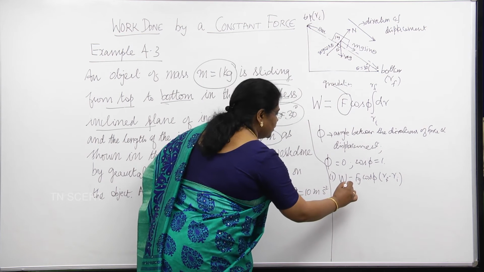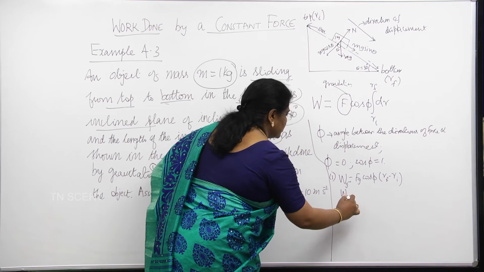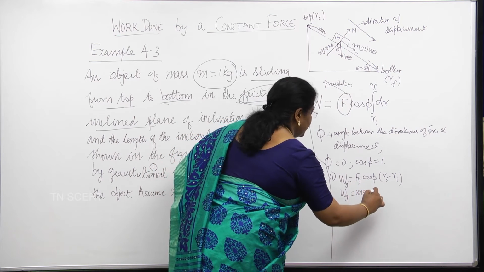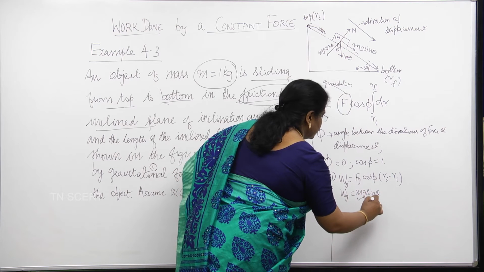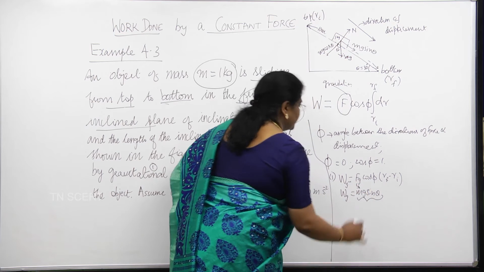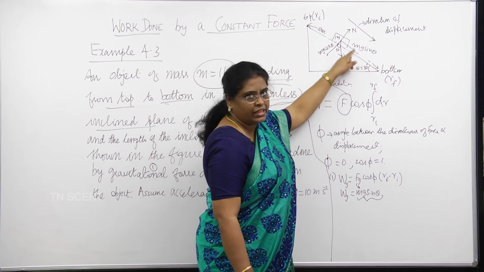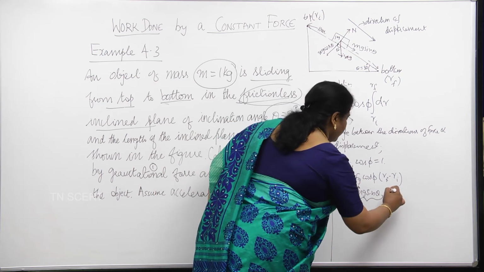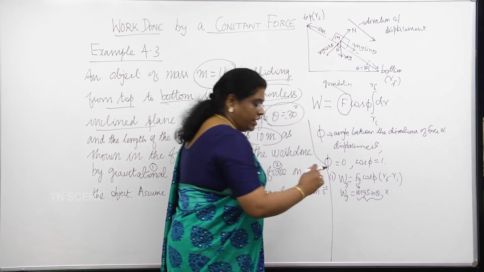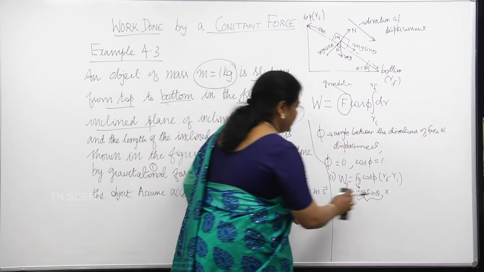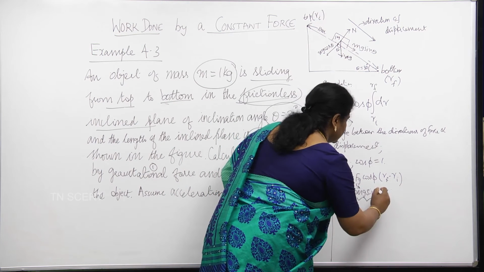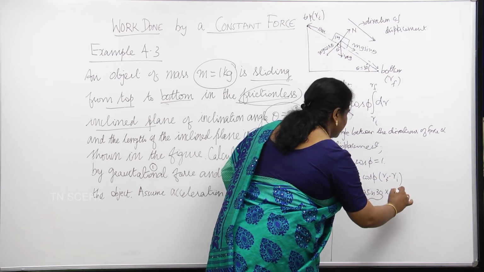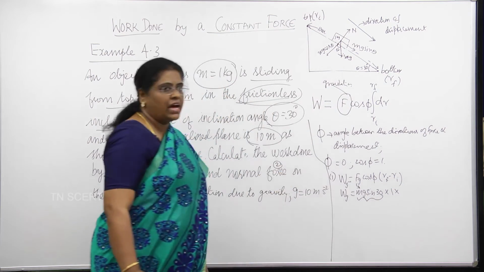So, work done due to gravity is mg sin theta, because only that component of the gravitational force is acting on it to slide. In this case, theta is 30 degrees, which is already given, so I put sin 30. Cos phi we have already calculated as 1.